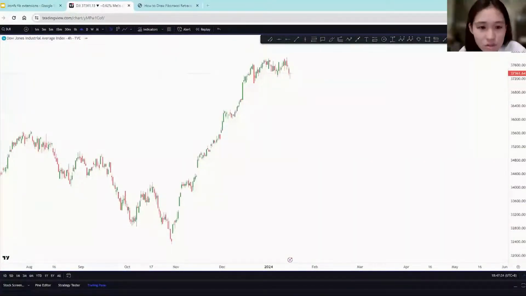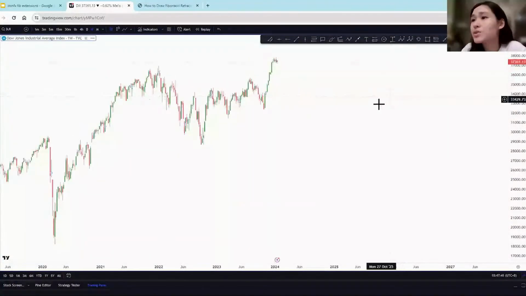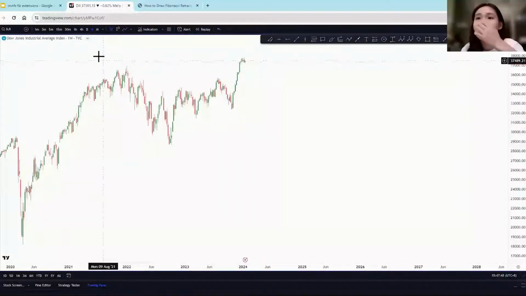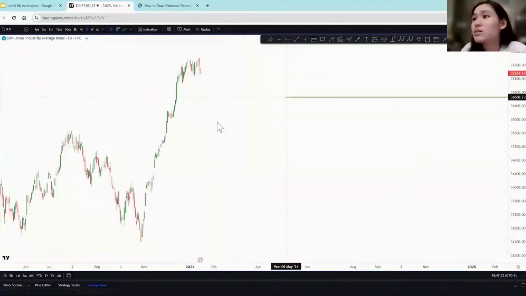Dow Jones. Okay, so same thing, we're gonna look at the higher time frames first. So it's pretty bullish on our weekly time frame, on our daily time frame as well.